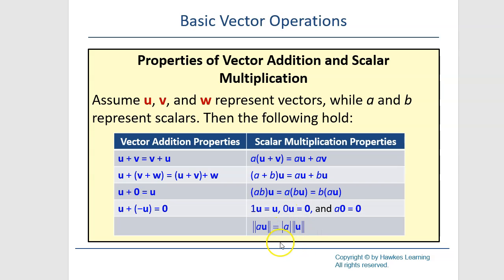So that's the absolute value of that. But that's what this is suggesting, that if you take a vector and you scale it, make it longer, make it shorter, the new magnitude of the scaled vector is the magnitude of the vector before you scaled it times whatever you scaled it by.